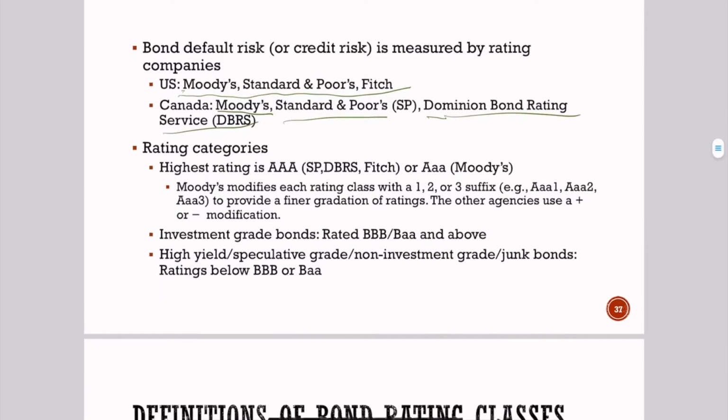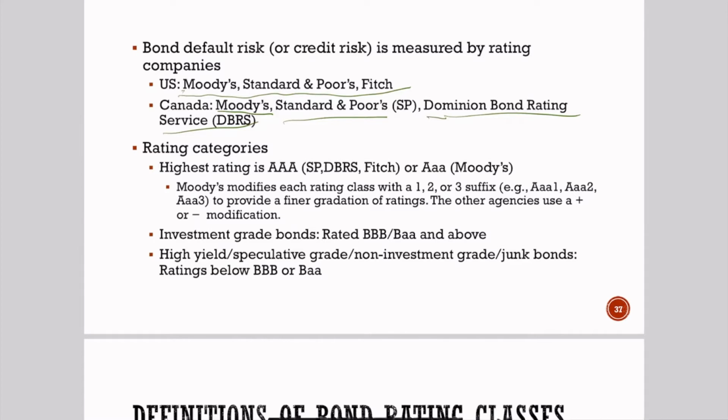So generally, a firm's default risk is categorized by different rating categories. The highest rating is AAA, and you will have an increase in default risk as you move away from AAA.